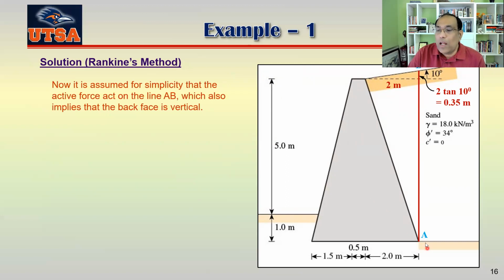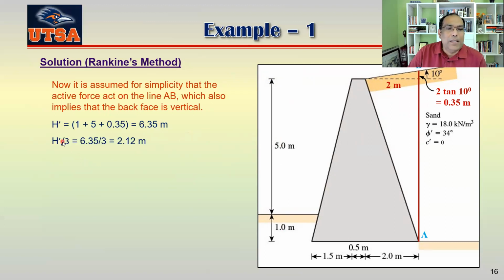So the total height of line AB would be 1 plus 5 plus 0.35, that's 6.35, okay? Now you can see this is 1/3 of your h, h bar by 3, which is 2.12, meaning the active force will work on that line here.